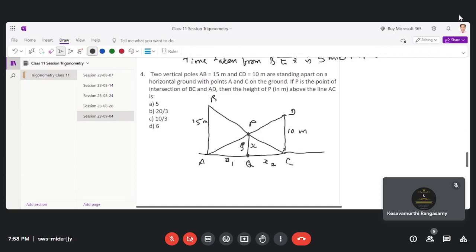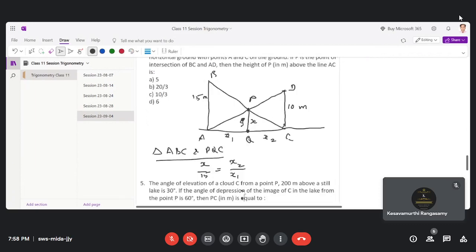So in the first triangles, ABC and PQC, you have x divided by 15. They are similar, because all the three angles are common. x divided by 15 is equal to x2 divided by x1 plus x2.